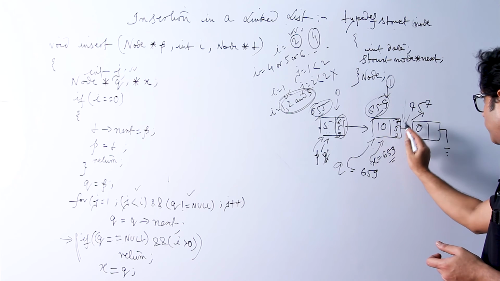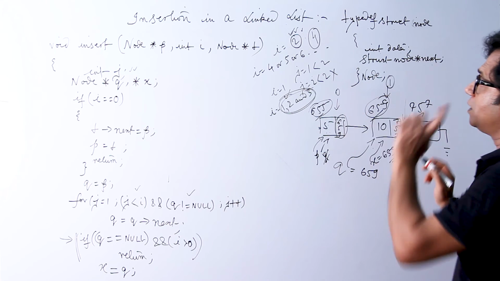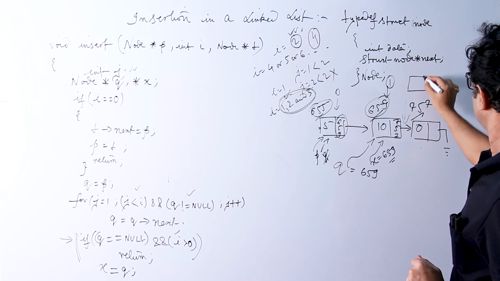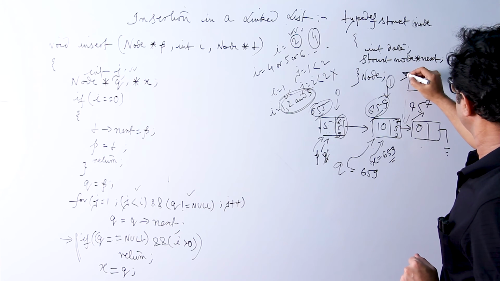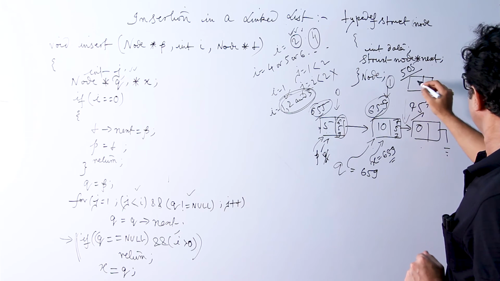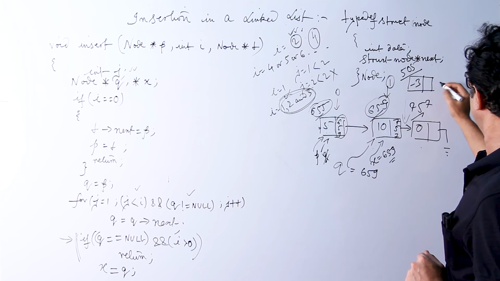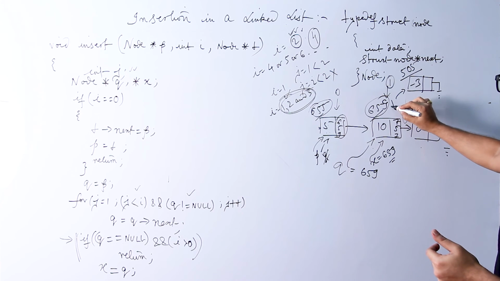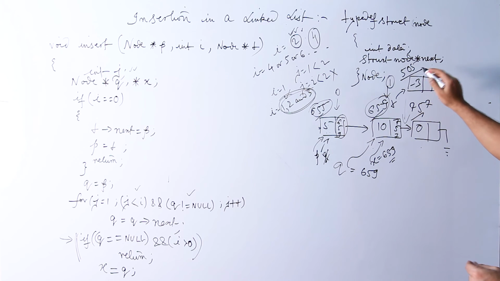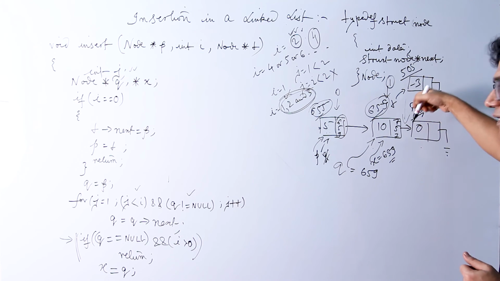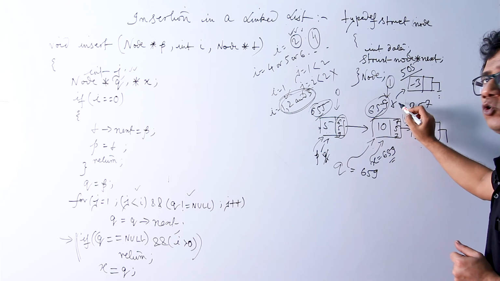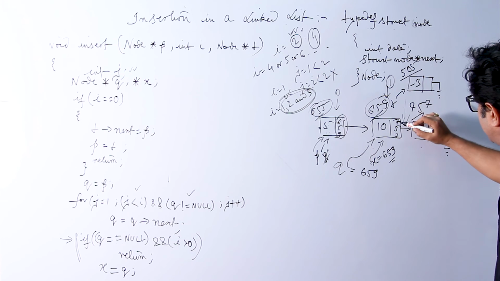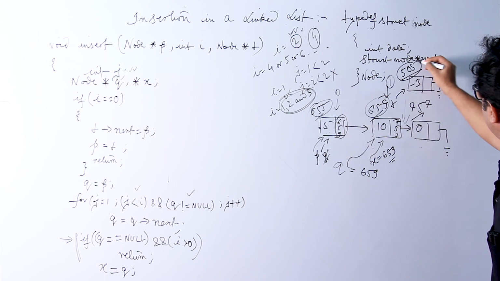So the X next will contain the address value of the new node, and the new node is, suppose here, at 505 location, containing a value -3. It has a null pointer, and this is the node which is the newly created node which is to be inserted, and this is pointed to by T, and this X next will now contain the 505 value.